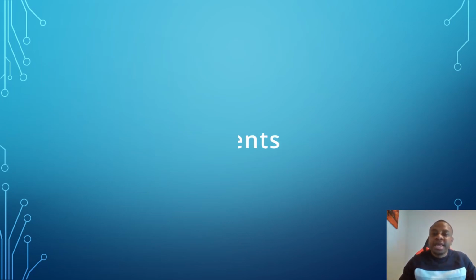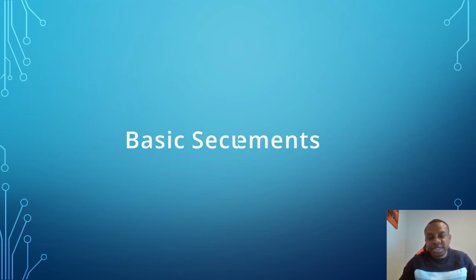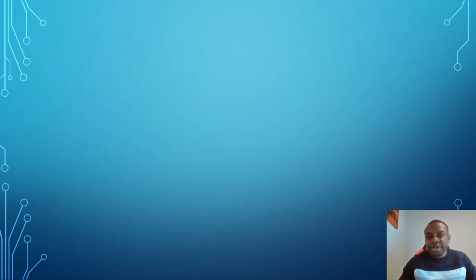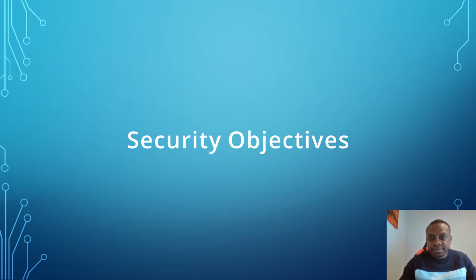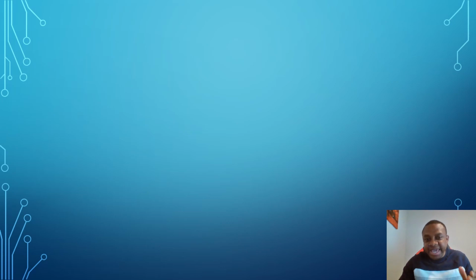We'll be looking at the basic requirements to ensure information security. I'll be looking at the security objectives. The goal of information security is to ensure the protection of the CIA triad, which is confidentiality, integrity, and availability.